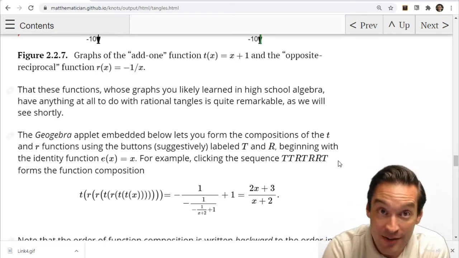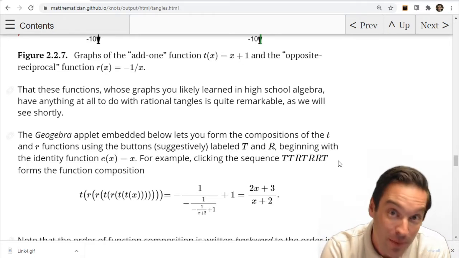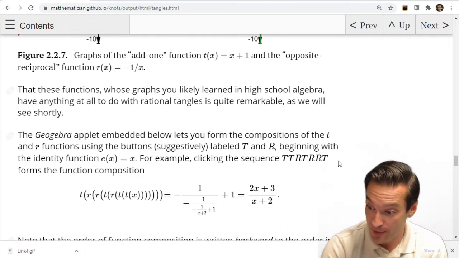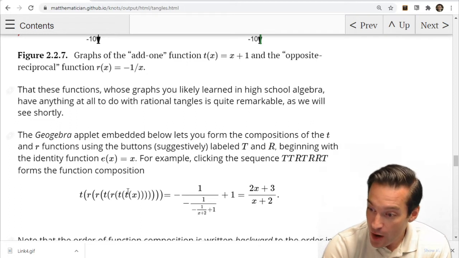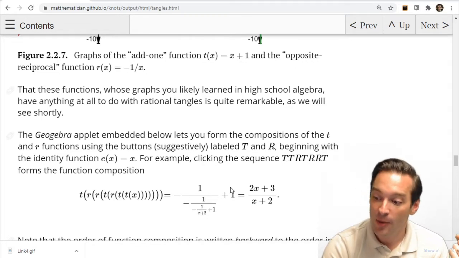Everyone hates them, and yet composition of functions is probably the most primal form of algebraic structure. And this is one of those kinds of examples. And so in this example, if I do all of that composition, I get, unsimplified, this sort of nasty looking function, minus 1 over minus 1 over minus 1 over x plus 2 plus 1, all plus 1.